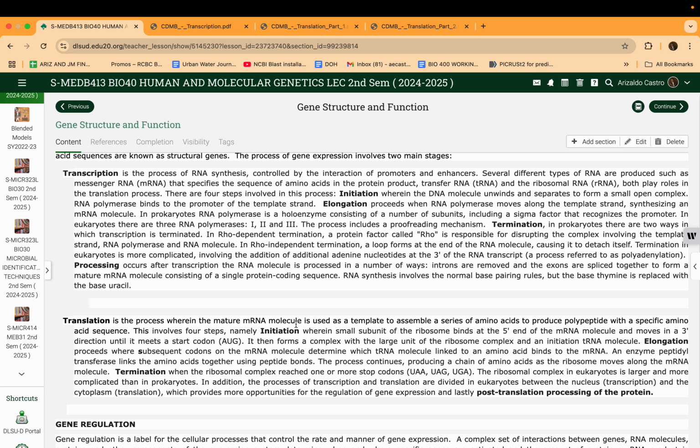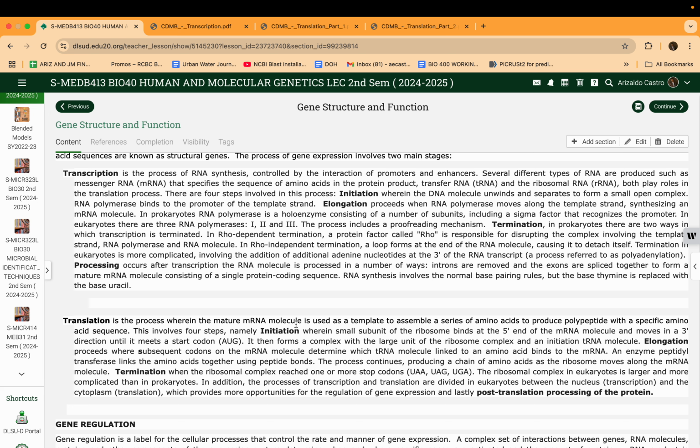Termination in eukaryotes, on the other hand, is a more complicated event which involves the addition of nucleotides, particularly adenine, at the 3' end of the transcript, and that's what we call polyadenylation. Post-transcriptional processing is when the RNA molecule is further processed to ensure that the final transcript is usable. Introns are removed because they are the intervening components within the transcript.